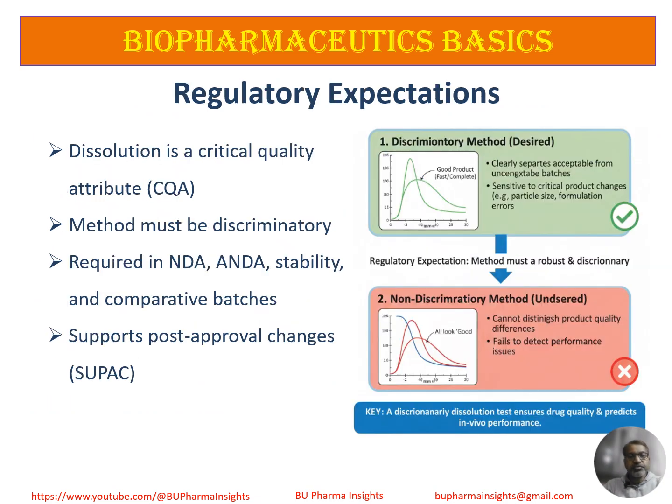Next, regulators treat dissolution as a critical quality attribute. That's why the dissolution method must be discriminatory. It should clearly detect meaningful changes in formulation or process. Dissolution plays a role throughout the product life cycle, from regulatory submission and method validation to stability studies, scale-up, and post-approval changes.